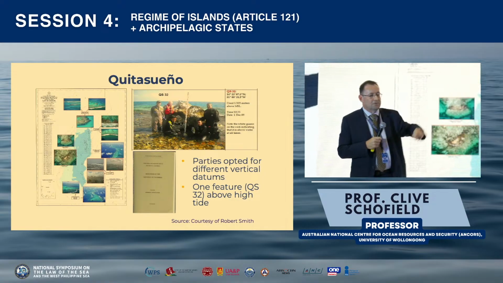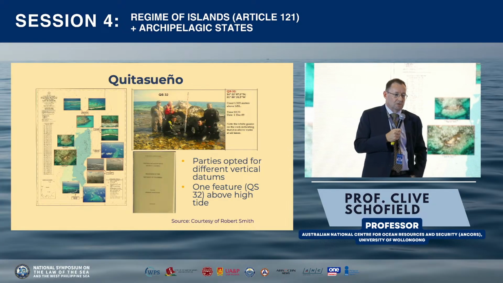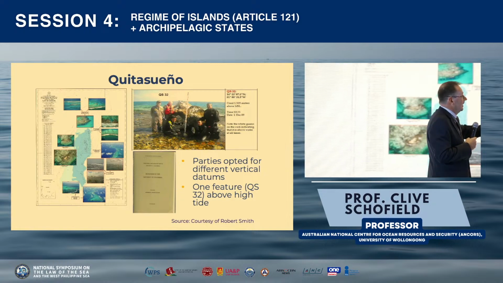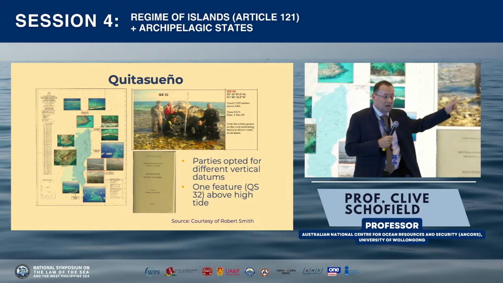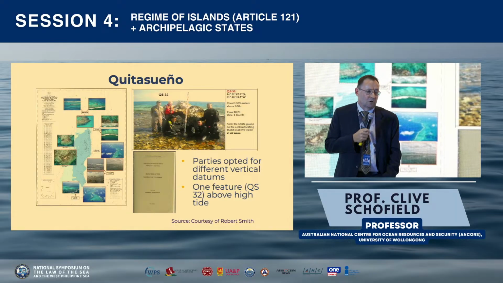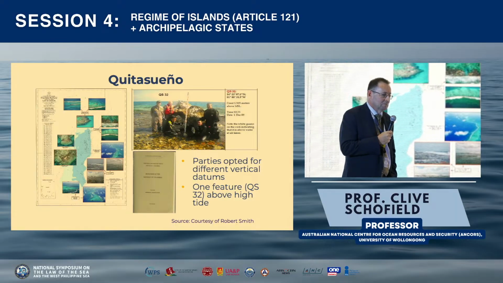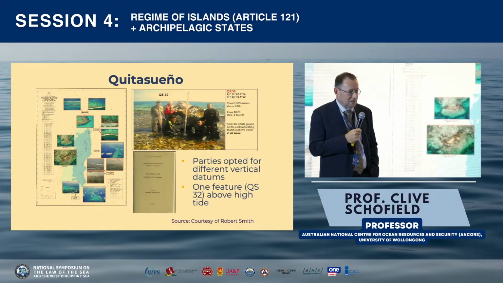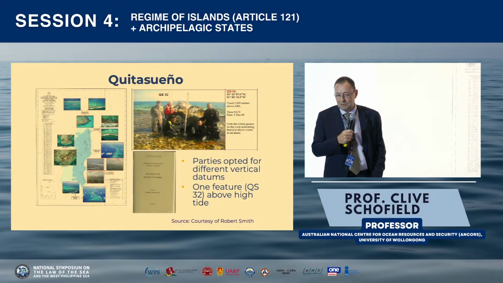There is one feature that under the two tidal levels proposed by the parties is above high tide, QS 32. And the clue there is that the feature is white on top. Why? It's amazing how much seagull dung is important to the law of the sea and territorial sovereignty.